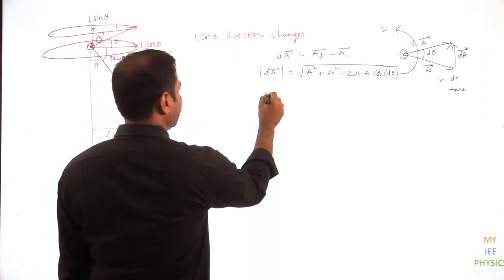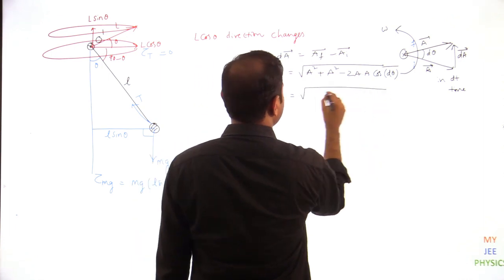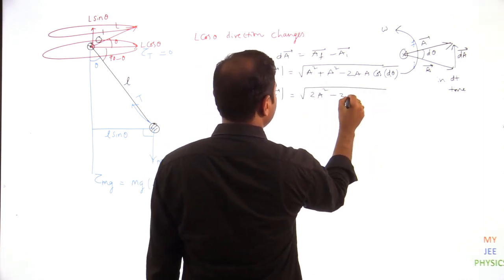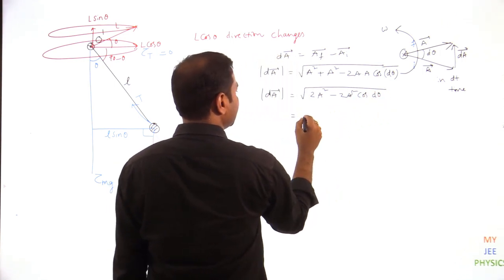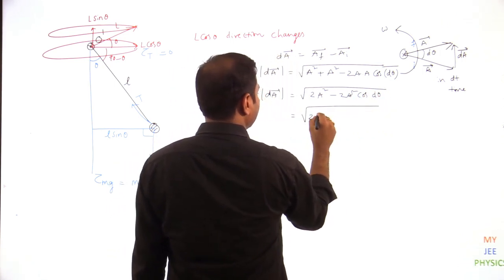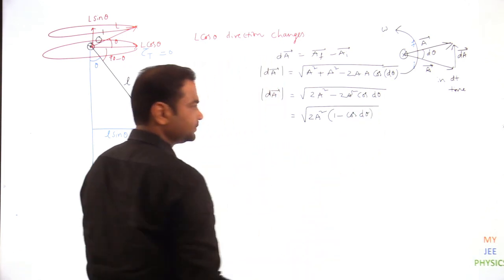Okay. So then I can write down the magnitude of the vector as root of 2a square minus 2a square cos d theta. Okay, so 2a square if I take common, 1 minus cos d theta.